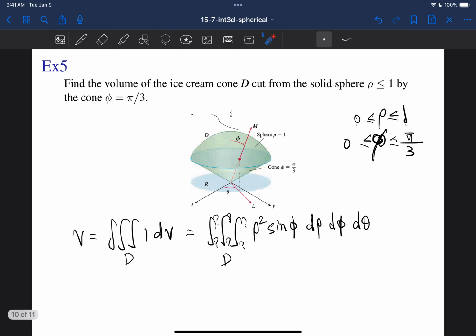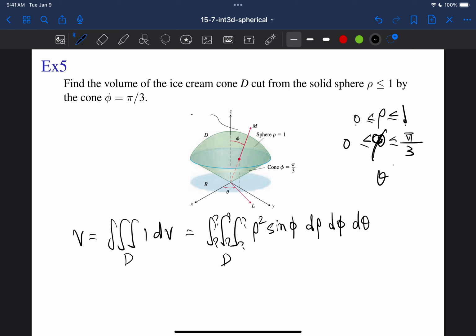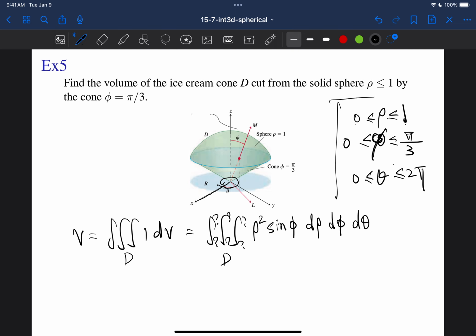And what is theta? Theta is anything from 0 degrees all the way around, taking a full circle. So that means theta is from 0 to 2 pi.